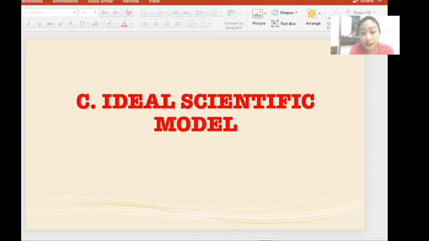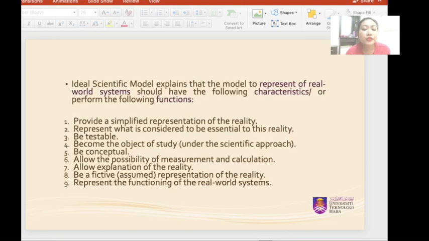We have come to the last model of today's lesson, which is the ideal scientific model. This is very straightforward, yeah, a very easy, simple one. The ideal scientific model explains that a model to represent real-world systems should have the following characteristics or perform the following functions. The first one, provide a simplified representation of the reality. Second, represent what is considered to be essential to this reality. The third one, be testable.